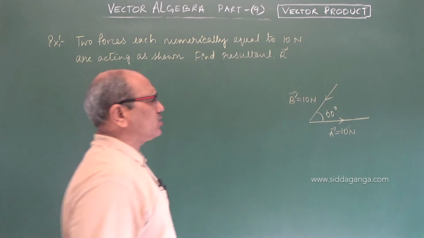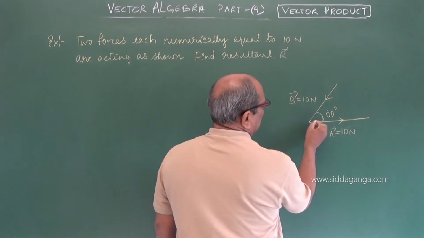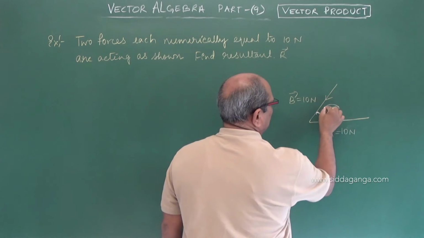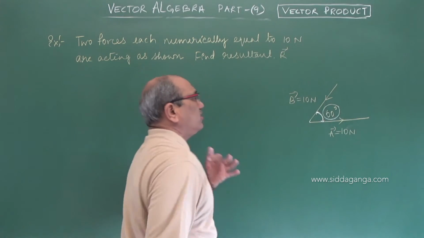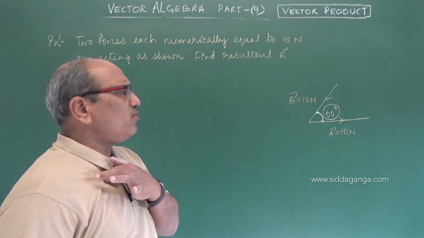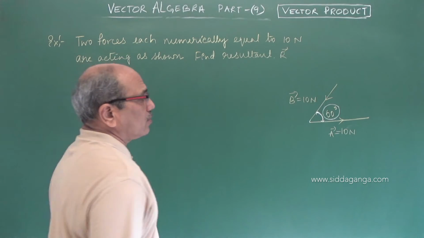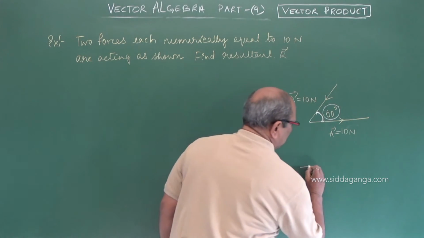When you are seeing this, see this angle measurement very carefully. This is not the angle between the two vectors to find the resultant. The formula we have for resultant determination, but always how to join?